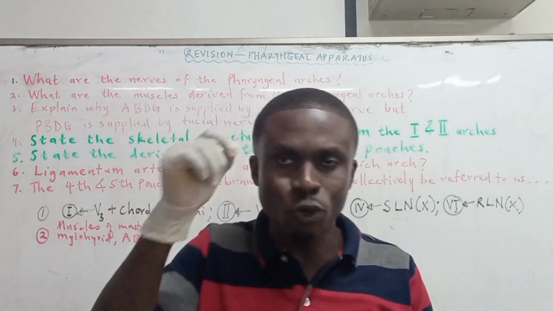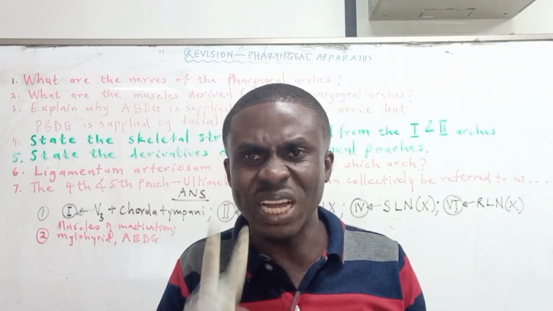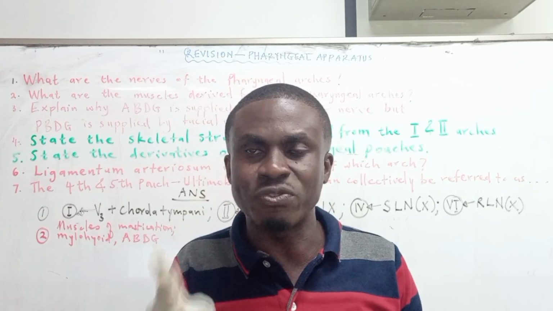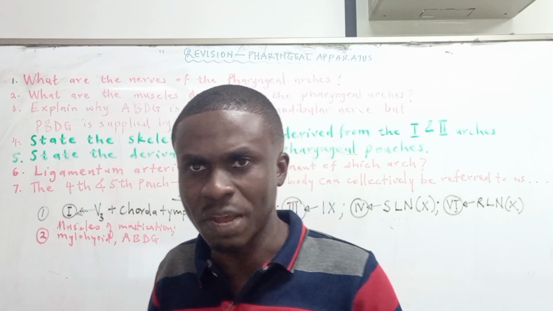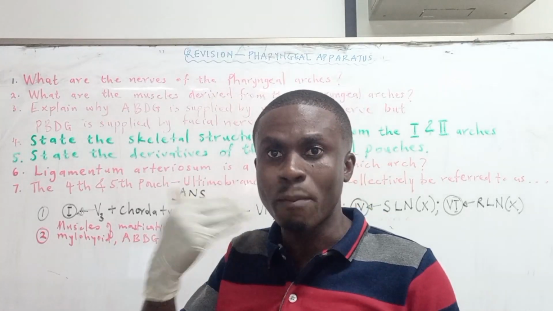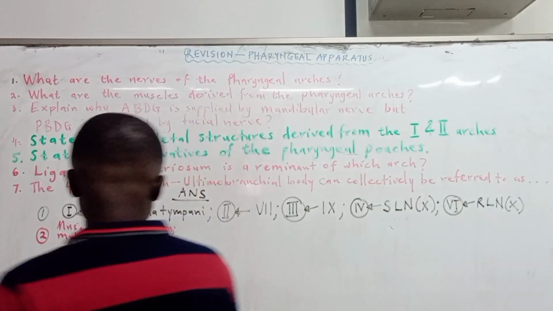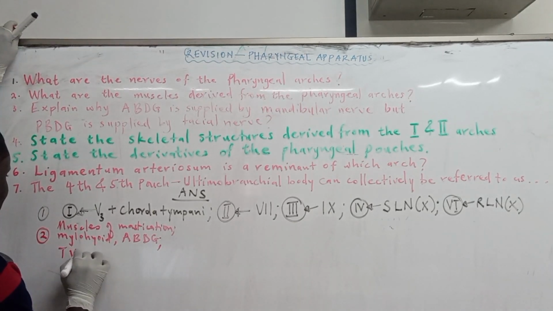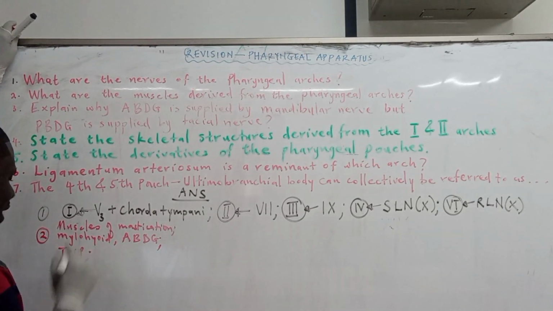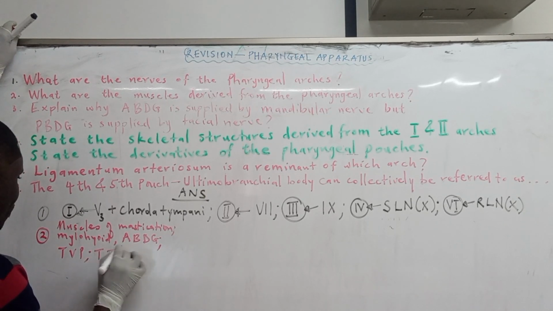Now, apart from this nerve to medial pterygoid coming from the main trunk of the mandibular nerve, it also goes on to supply two muscles with the name of tensor. So if you've heard of muscles like tensor veli palatini and also tensor tympani.